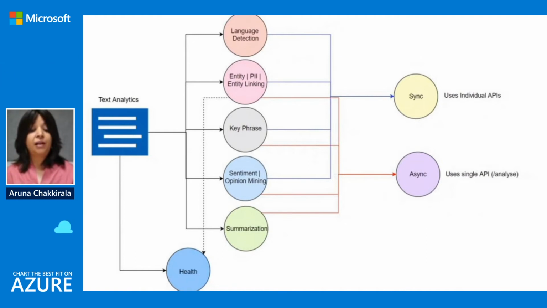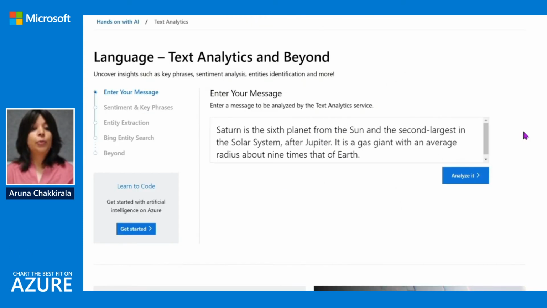All of these are covered along with document summarization. Text analytics also has the ability to analyze and process medical text, which fits into the health space of text analytics. All of these together give you a range of abilities in analyzing and making sense of your text.